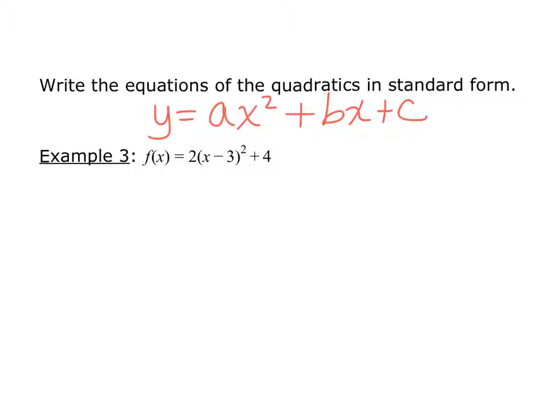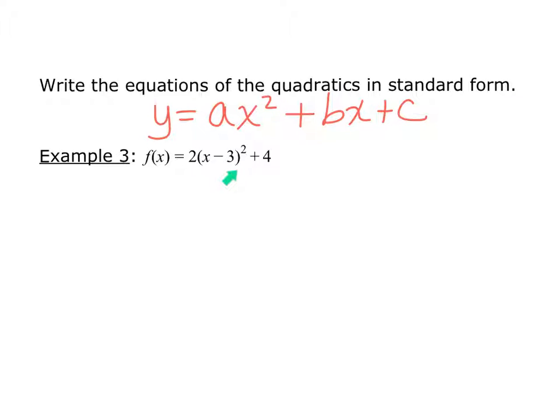Okay. So example 3 says f of x equals 2 times x minus 3 squared plus 4. To change my equation from vertex form to standard form, I have to get rid of that exponent and the parentheses, right?